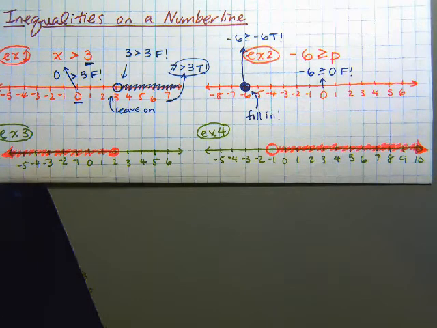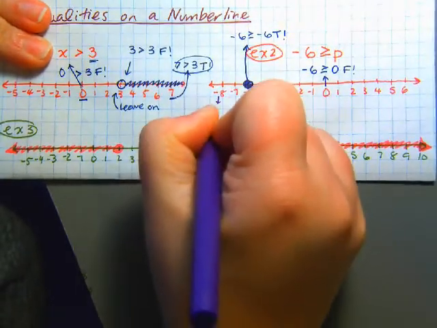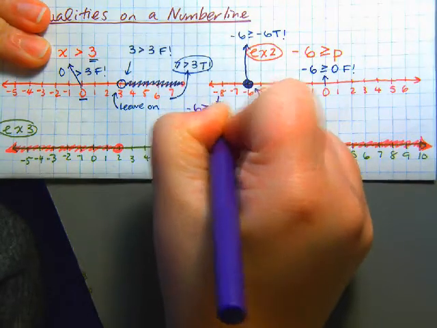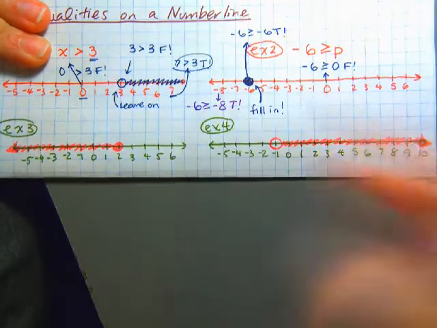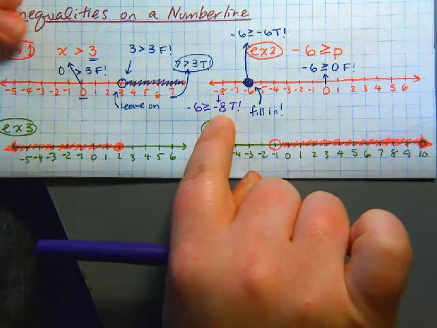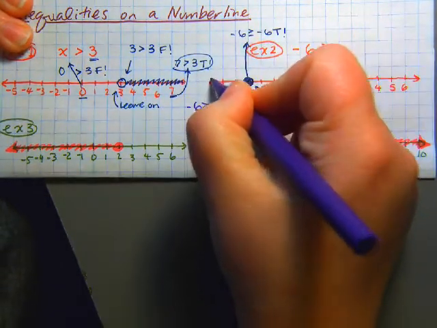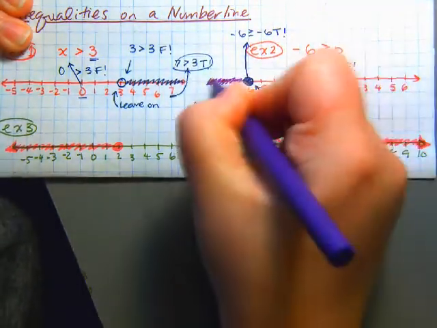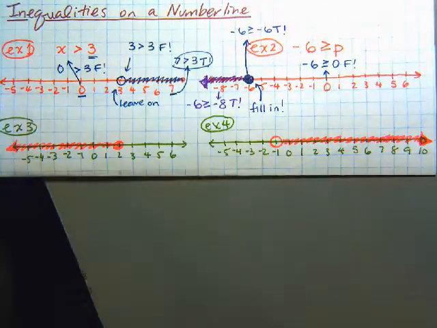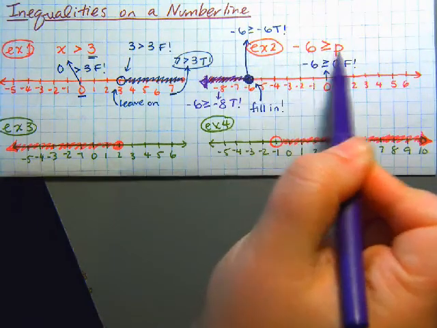If I try -8 and put it in for P, so I have -6 is greater than or equal to -8. That is true. Okay, -6 is bigger than -8 because remember, negative numbers, the bigger they are, the less they are. So that means we shade to that side, and again, the arrow implies everything that would be in that direction would make this true and be the solution to the original problem.